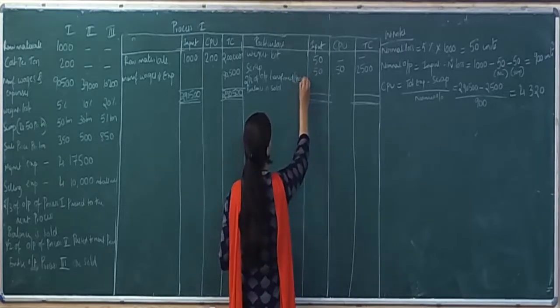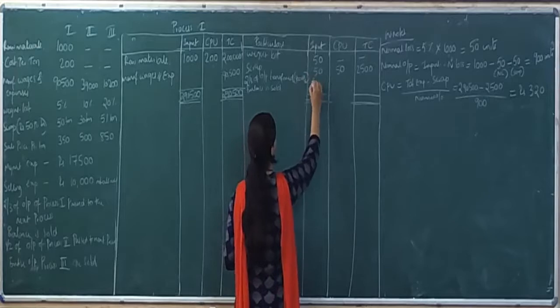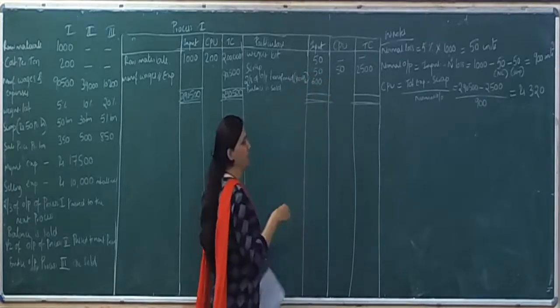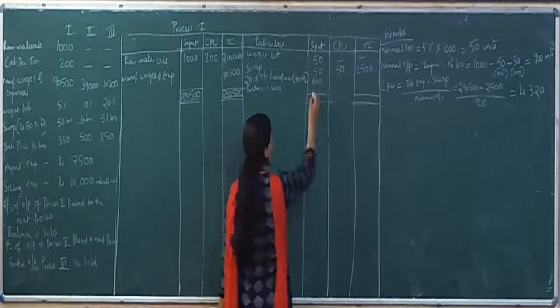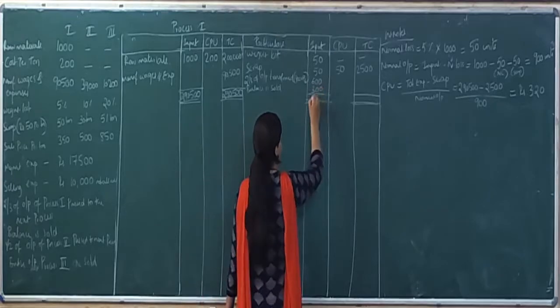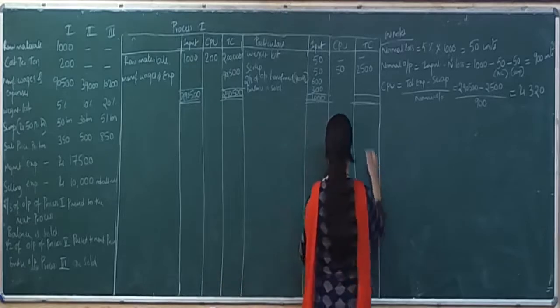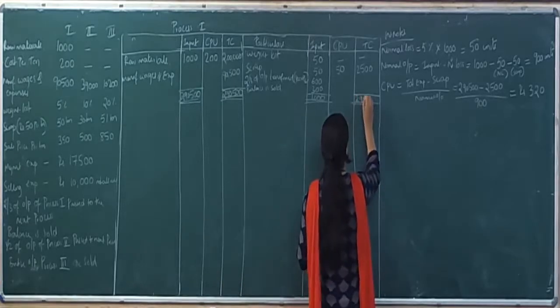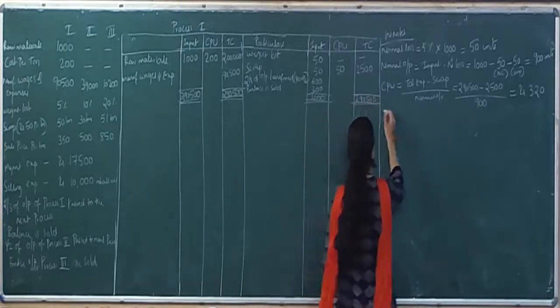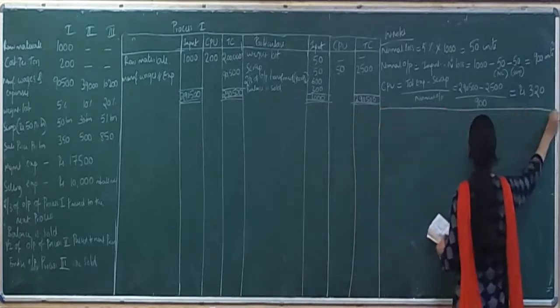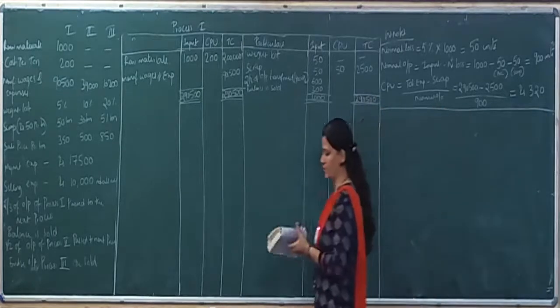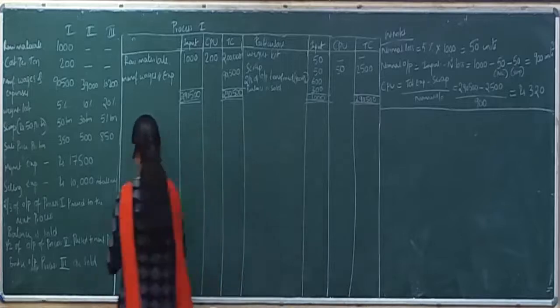So I will write 900 into 2/3. That comes to 600 transferred and the remaining is sold. The remaining would be 300. So this is about process 1.